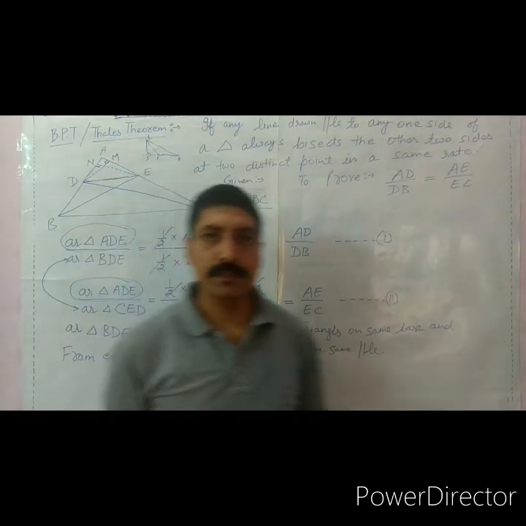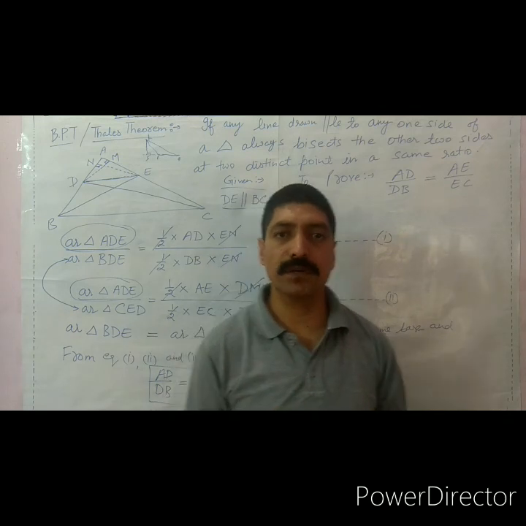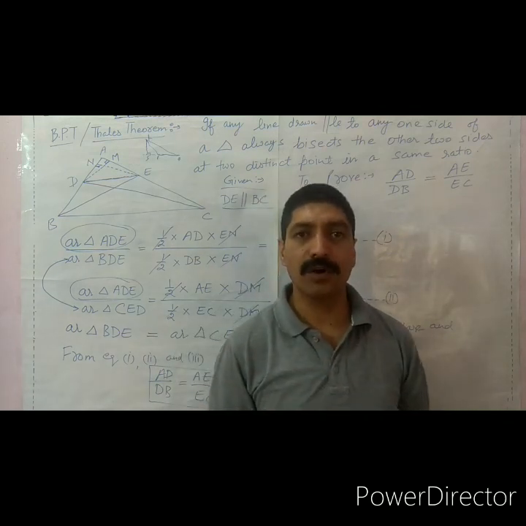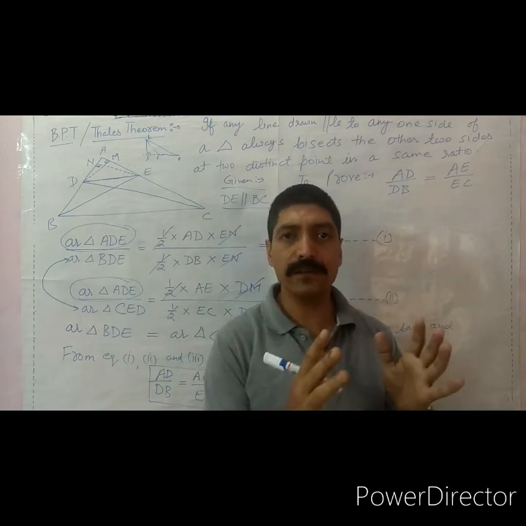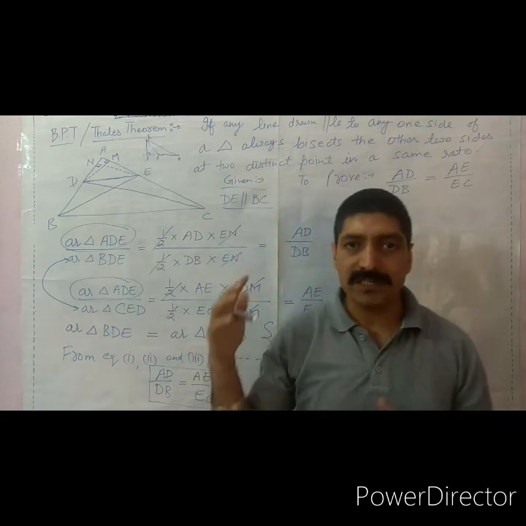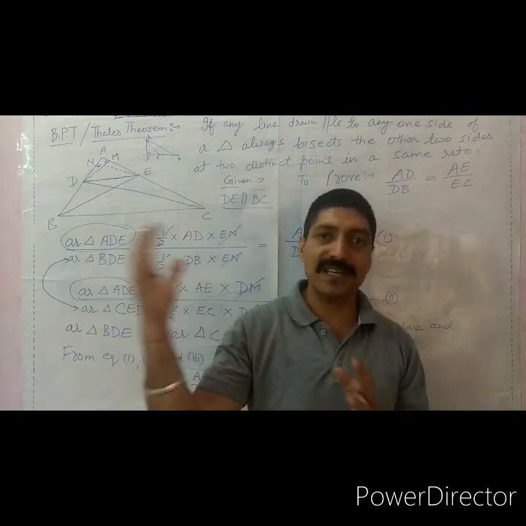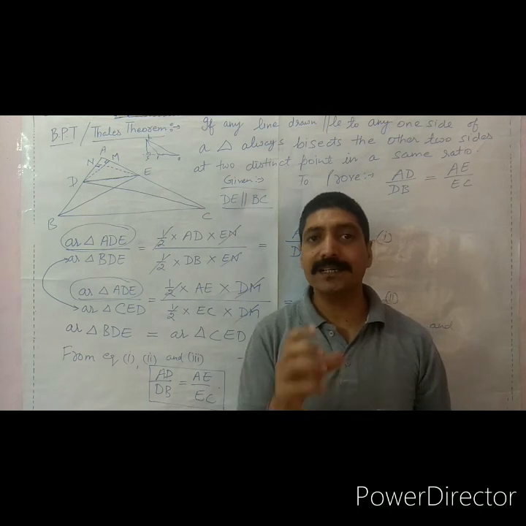So dear students, let's recapitulate. We have discussed today about congruent triangles and similar triangles, or congruent figures and similar figures. Congruent figures have the same shape and size, whereas similar figures have the same shape but size is different. I want to give examples like circles.